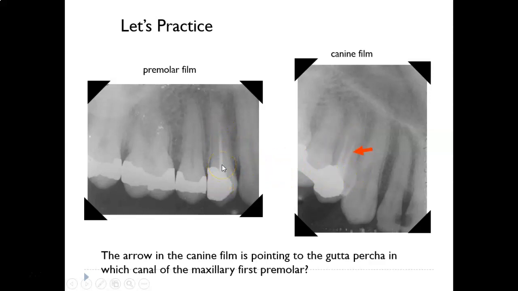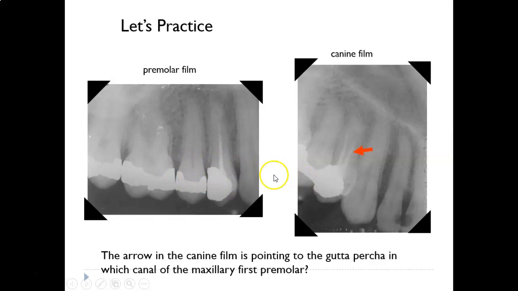From this shot, the direction of your BID actually turns more distal. So from this premolar position to swing over to this position, you actually changed the direction to be more distal.